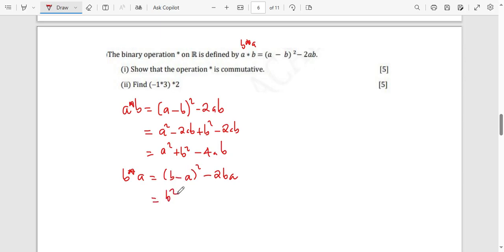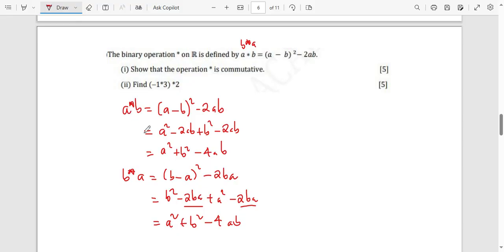Get a B, you square it; get a power 2, multiply by the B and the negative A, that will be negative 2BA; and then get the A, you square it, that will be positive A squared; and then minus 2BA. Again, I'm going to arrange them in order. I'll start with the A squared, and then write B squared. Can you see I've got negative 2BA and negative 2BA? That will give us negative 4BA. Now, BA is the same as AB, so I can simply say this is the same as negative 4AB.